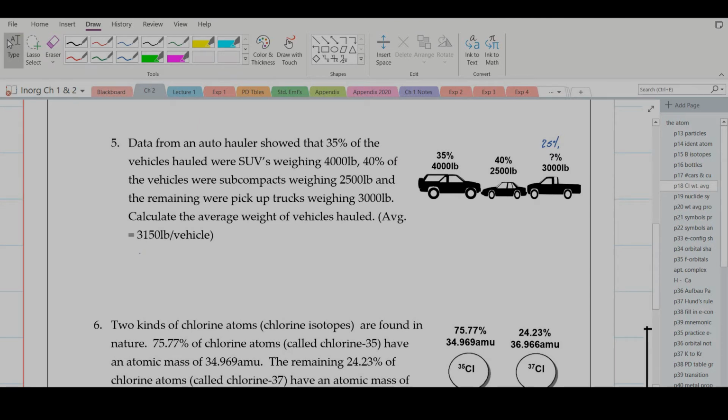Here we have data from an auto hauler showed that 35% of the vehicles hauled were SUVs weighing 4,000 pounds. And 40% of the vehicles were subcompacts weighing 2,500 pounds. And the remaining were pickup trucks weighing 3,000 pounds. Calculate the average weight of the vehicles hauled.